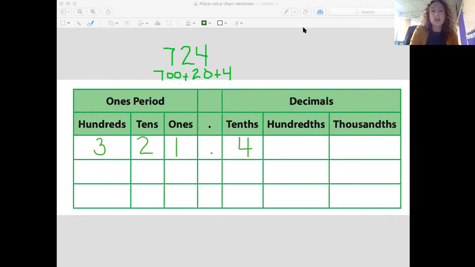Okay, so I'm gonna undo what I just did because I want to look at this chart down here. You're very familiar with that. Now, if you notice right here, we have a decimal point. This decimal point tells me that everything over here is a whole number. So if I have this rod right here, if you can see me in the window, then you can see the rod.